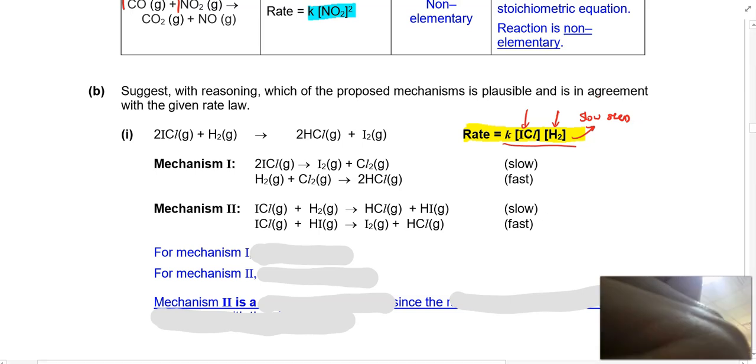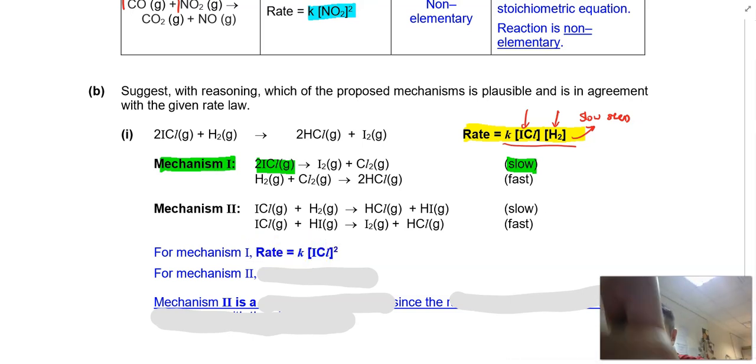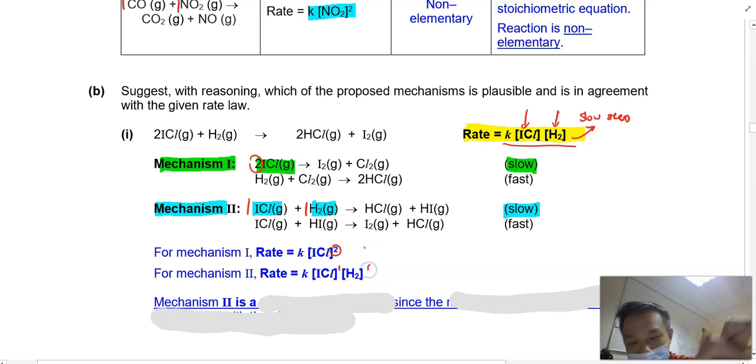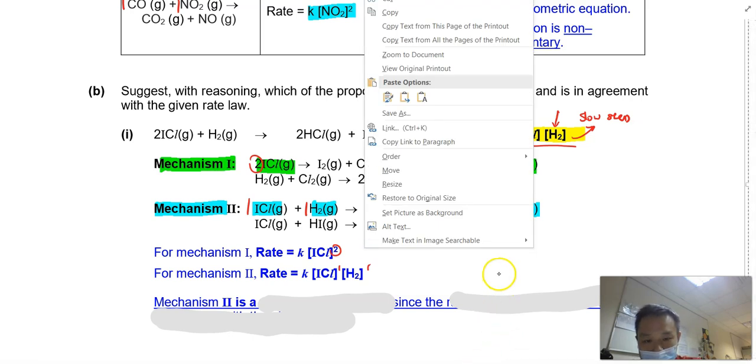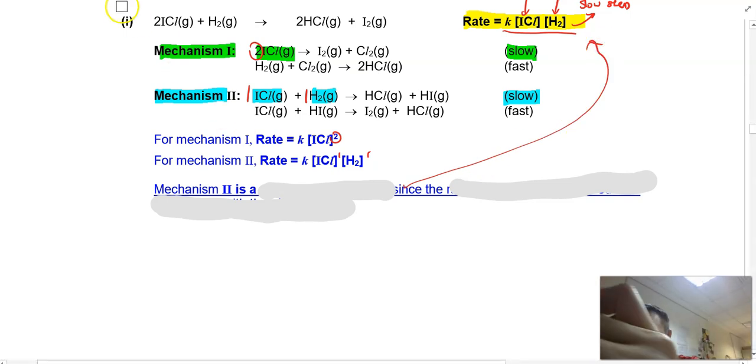If you look at mechanism 1, 2 ICl are involved in the slow step. Therefore, the rate law for mechanism 1 will be rate = k[ICl]^2. For mechanism 2, the slow step involves 1 ICl and 1 H2, and therefore rate = k[ICl][H2].